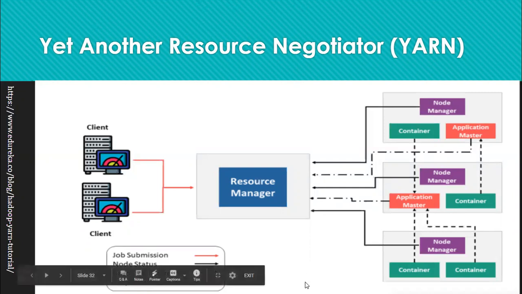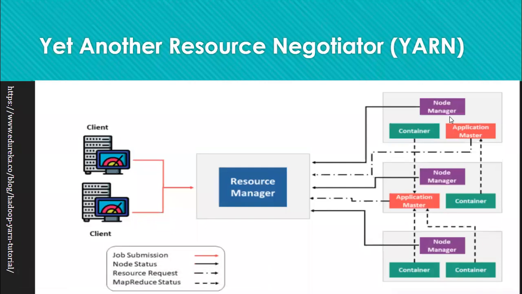Apart from the resource manager, there is the node manager, who actually manages the data node. Then next is the container, where data resides. And next is the application manager, where the actual code of your MapReduce resides.